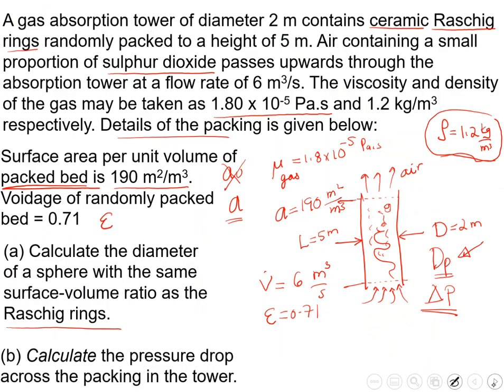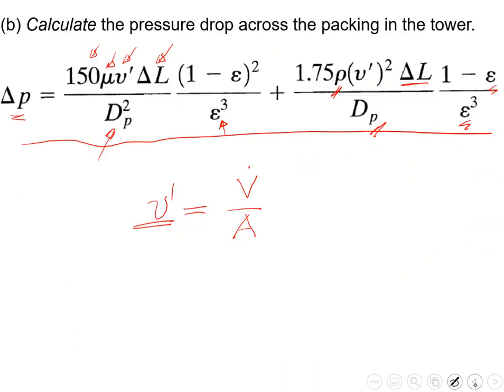V dot was given to us, which is 6 meters cubed per second, and the diameter of the bed is given to us as 2 meters. So what do we have to do then? V dot is equal to 6 meters cubed per second. And what is A?